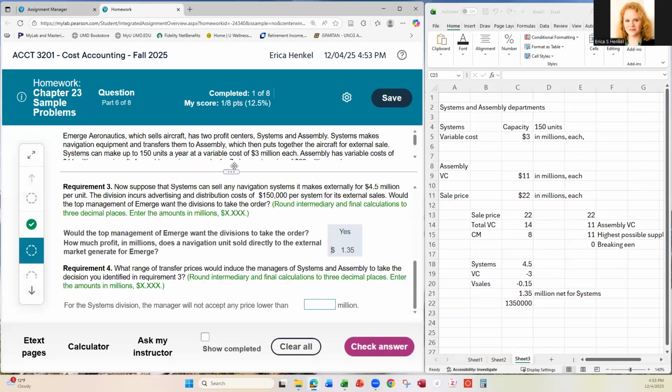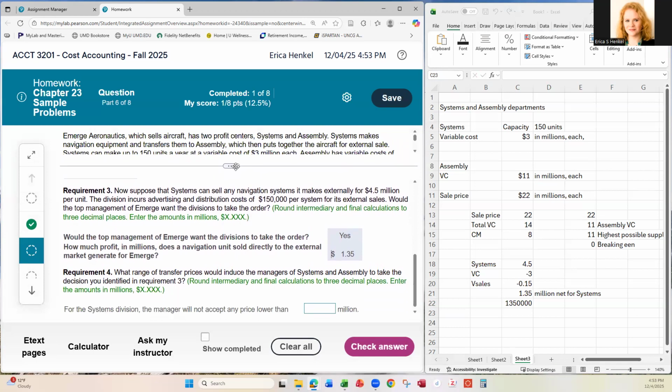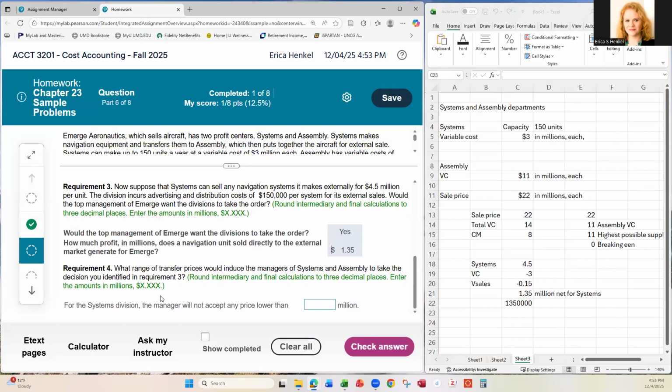Now, what range of transfer prices would induce the managers of Systems and Assembly to take the decision that we identified here? For the Systems division, we would need to get what we could get for it at market price less the cost. If we can sell these to outside parties for that much, then we don't want to sell them internally for less than that.